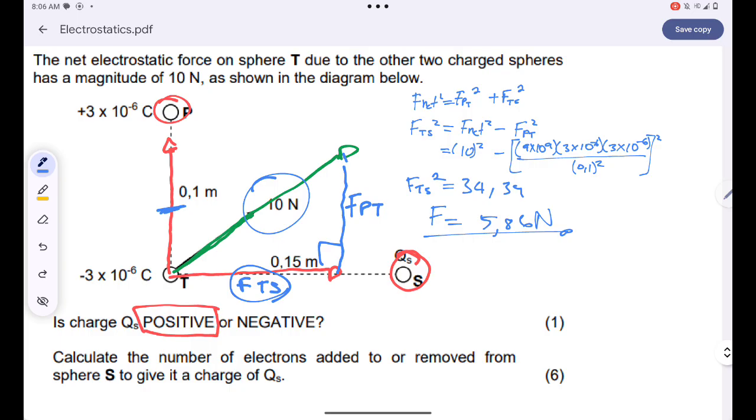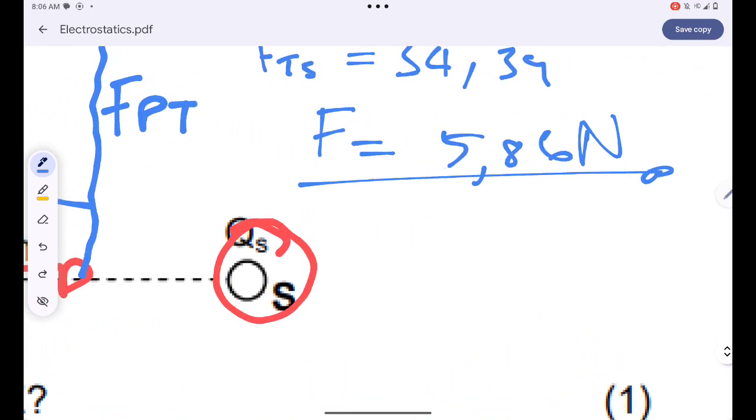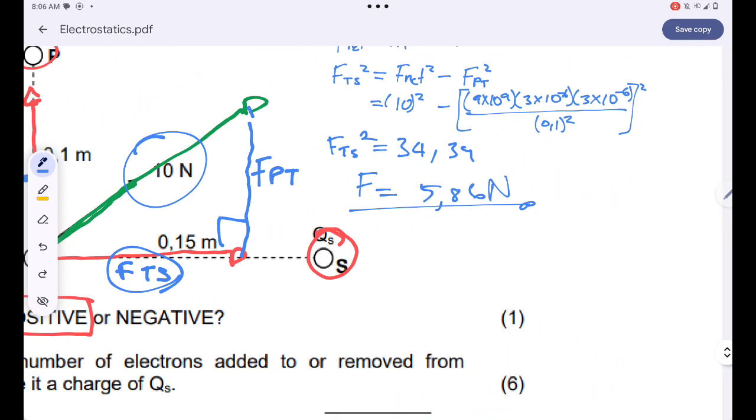Now, since I know the electrostatic force, I can go and find the charge on sphere S. Okay, let's do that. F is equal to K Q1 Q2 over R squared. I know that the force is just 5.86, but guys, it's not advisable to round off before the final answer.